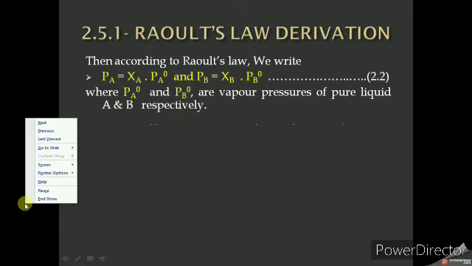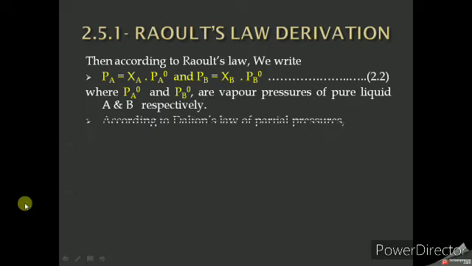PA and PB are partial pressures, and if a 0 is written, then it is the vapor pressure of the pure component. PA and PB are the partial pressures of that component in the solution.